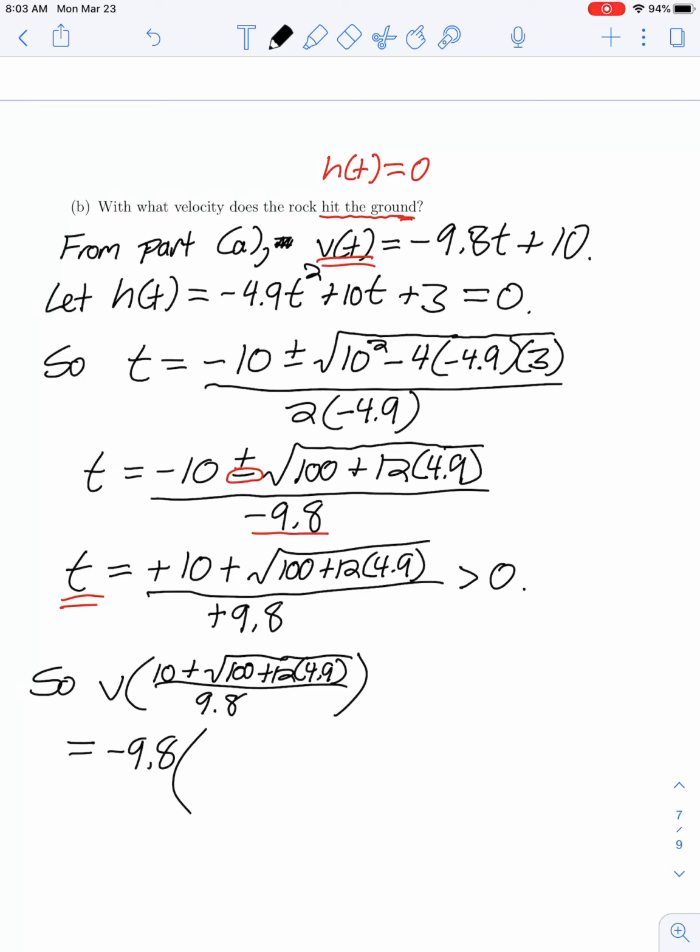We have a negative 9.8 times t, which is given by 10 plus the square root of 100 plus 12 times 4.9, all over 9.8, plus 10.